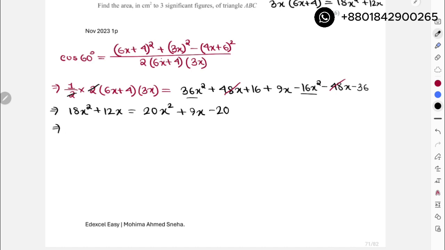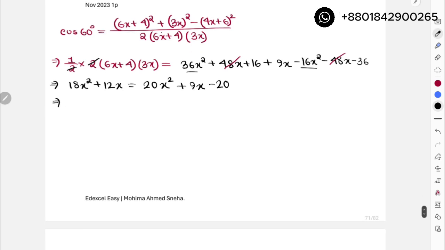After this, you take everything to one hand side. Maybe I'll take everything to the right hand side and then flip the equation. So this 20 minus 18 is going to be 2x square, and 9 minus 12 is going to be minus 3x, and minus 20 equals to 0, right?